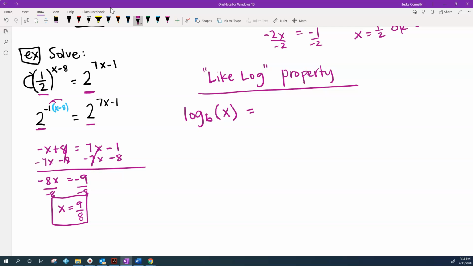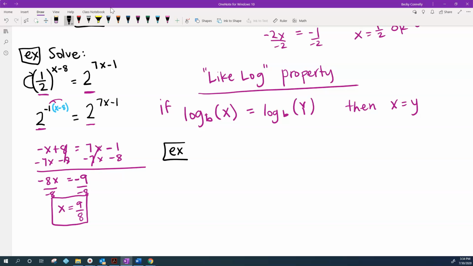And you have the log base b of something else, then really we would know that x equals y, right? So if we have log base b, then really all we're doing is setting the x and the y equal to each other to solve it.